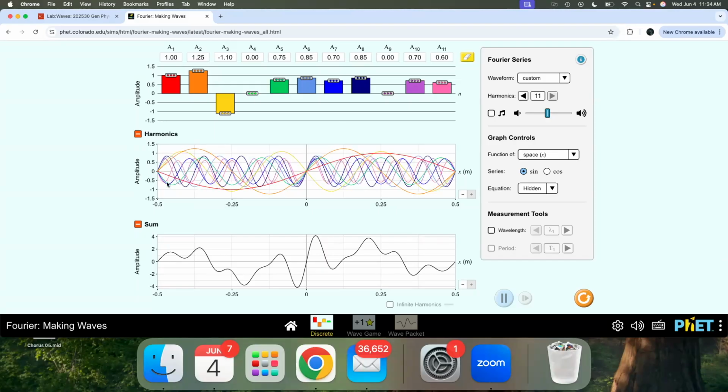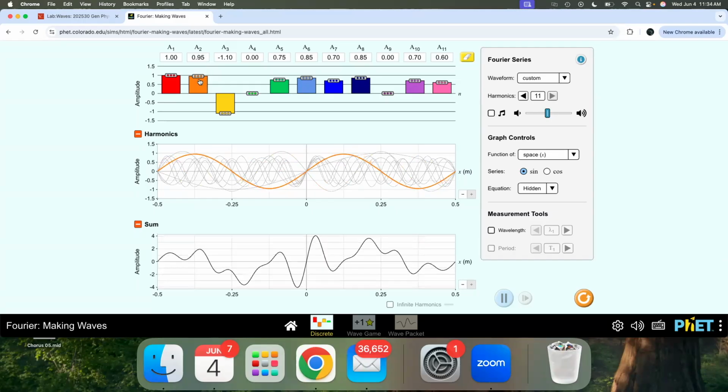So this wave here has this much of the fundamental frequency, and it has this much of the octave. This would be twice the fundamental frequency. And if I alter that, if I change that, see how it changes that sum down at the bottom.